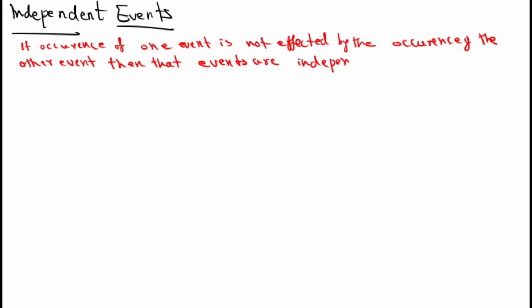Occurrence of one event does not affect the occurrence of the other event, then we call it an independent event. The name itself says, right, independent. That means events are not dependent on each other.